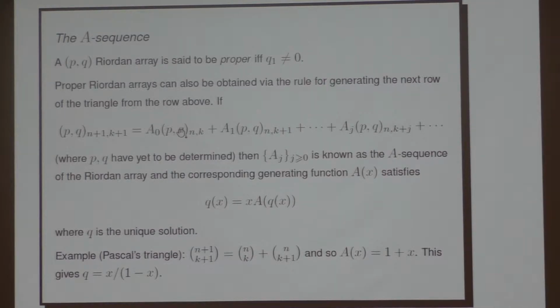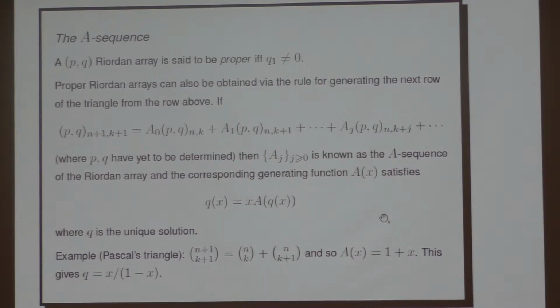So in this case, a_0, the coefficient multiplying n choose k, is 1, and a_1 is the coefficient multiplying n choose k plus 1. So A(x), the function, is the generating function for the sequence of a's. In the case of Pascal's triangle, our generating function is 1 plus x.